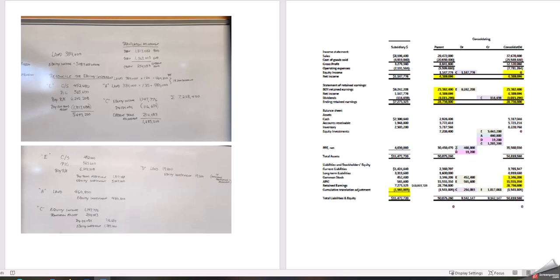Then our A entry is setting up the beginning of the year land to the credit of the equity investment. Our C entry eliminating the equity income, the dividends of the sub, and then our current year piece of the translation adjustment. And then the offset goes into the equity investment.